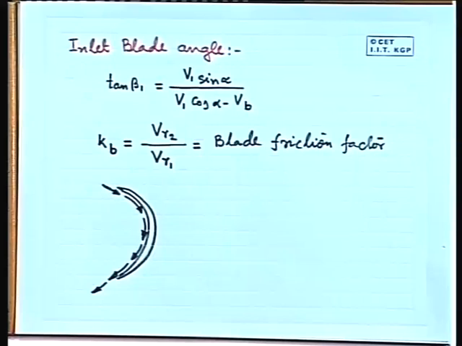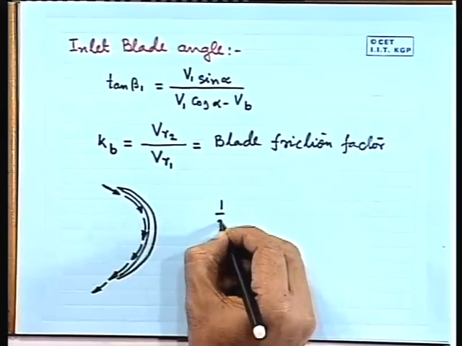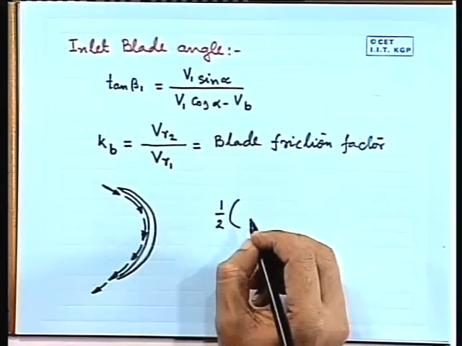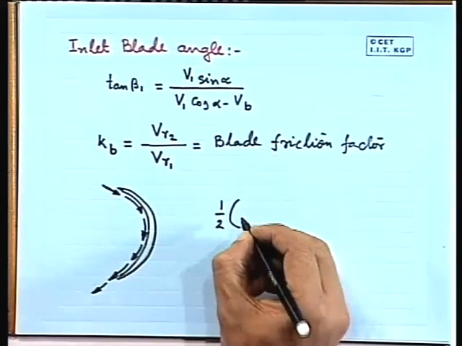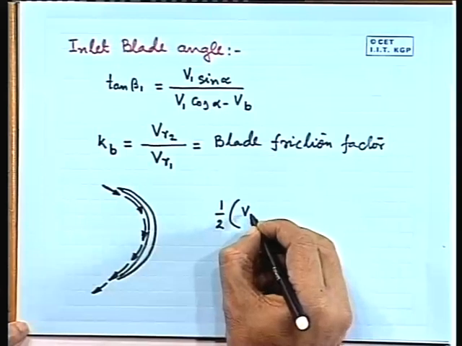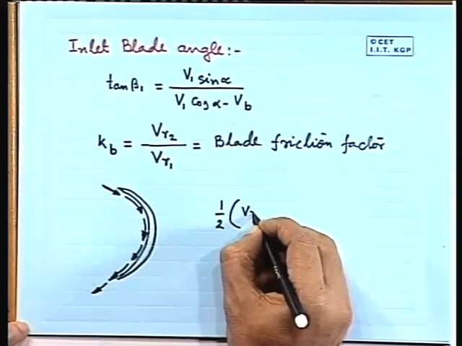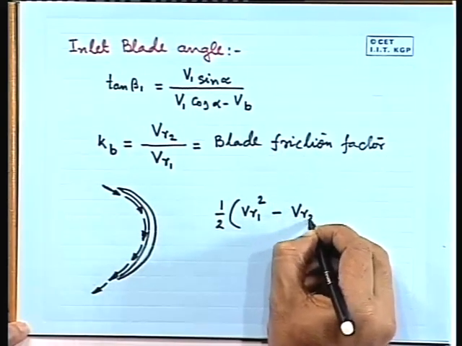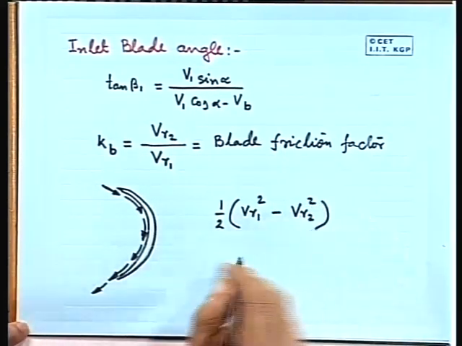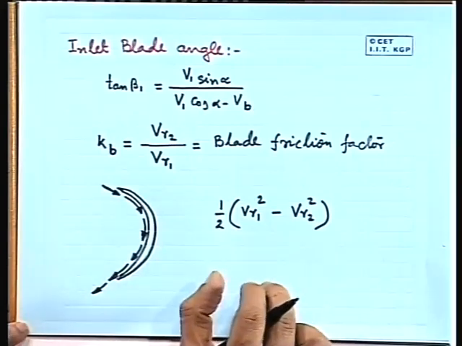From here, we can also determine what is the frictional dissipation. The frictional dissipation, the kinetic energy which will be lost due to friction, that is equal to half Vr1 square minus Vr2 square. This is per unit mass flow of steam.